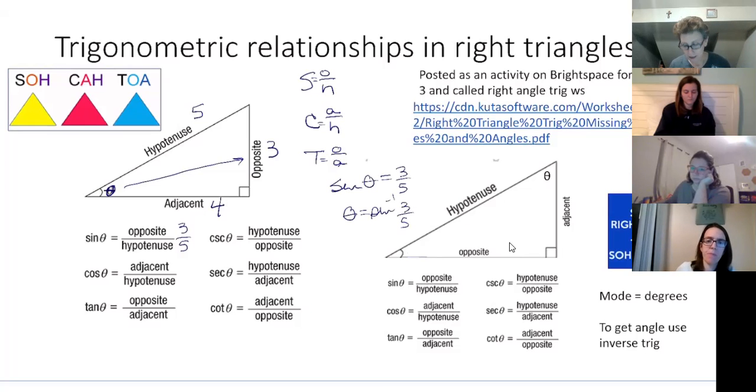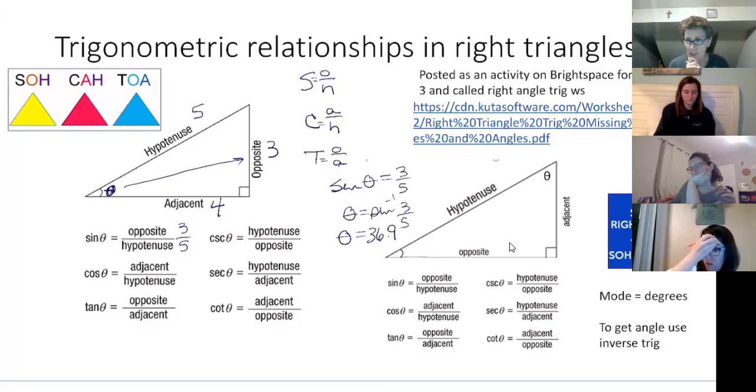So in my calculator, I'm going to say second sine, put in 3 divided by 5, and I'm going to find out that angle is 36.9. So by doing this, I can find that my angle is 36.9 degrees.